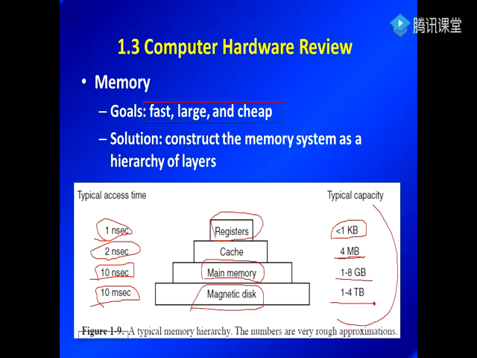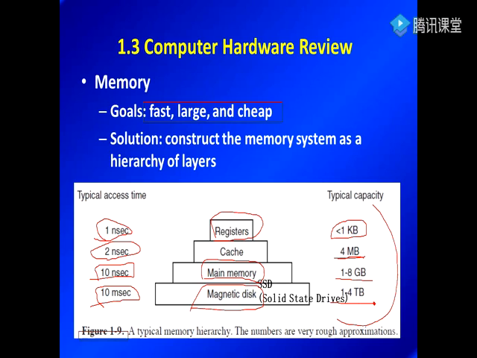And between the memory and magnetic disk, you can see there is one more layer called SSD, solid state drives, right? Because in most laptop notebooks today, I think they just use the SSD.